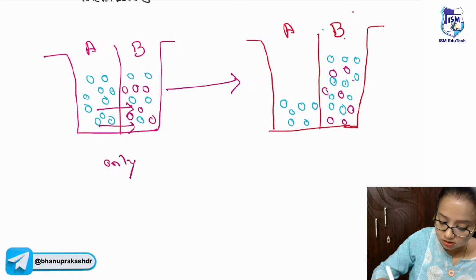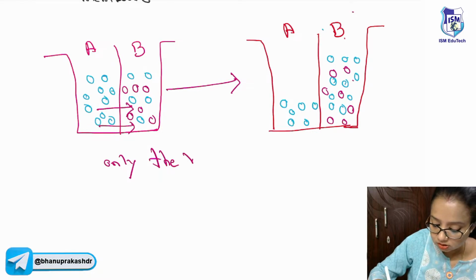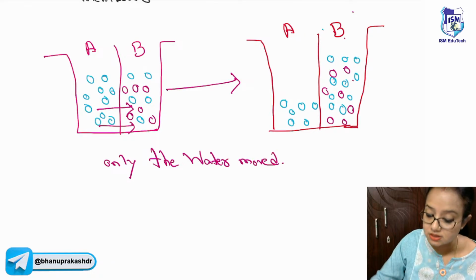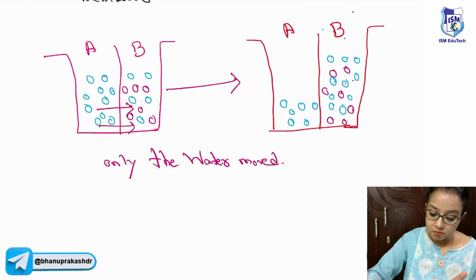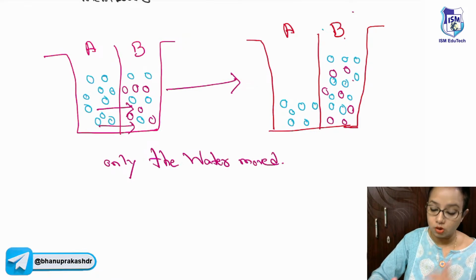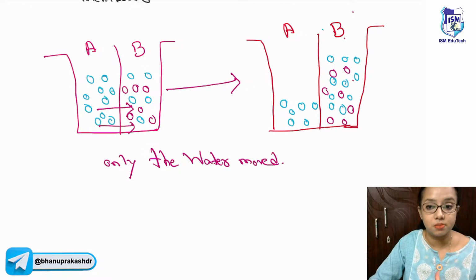Only the water, that is the solvent, moved. Okay. So here, this is what is osmosis. Osmosis means the passive transportation, the passive movement or flow of the solvent from one compartment to another compartment.